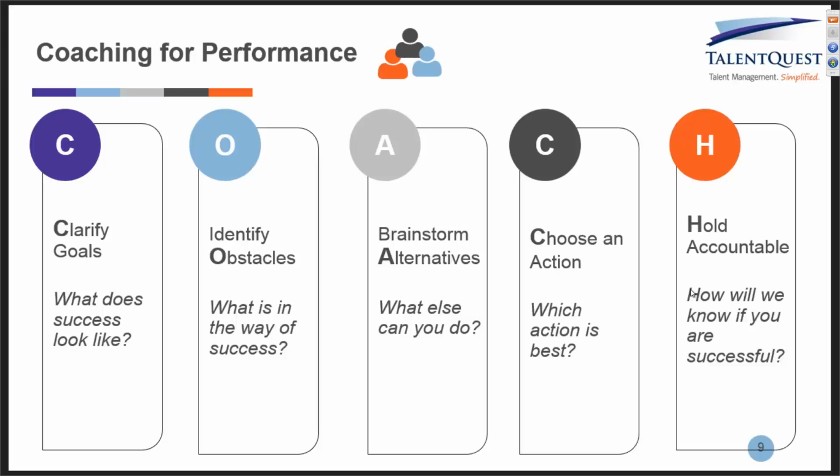And then lastly, once you've gone through these 4 steps of the coaching model, it's most important to hold each other accountable and to hold your team members accountable. So how will we know if we are in fact successful?